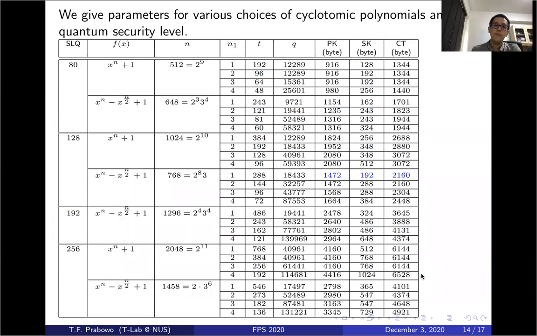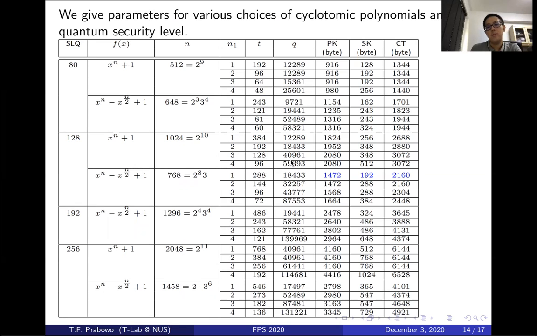and we give parameters for various choices of security level and cyclotomic polynomials. This is the quantum security level, 128 bit up to 256 bit. We can use different choices of cyclotomic polynomials, and this is our n1, t.